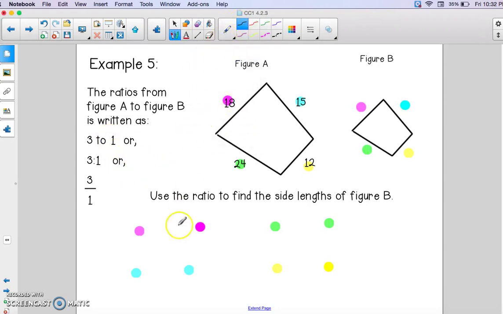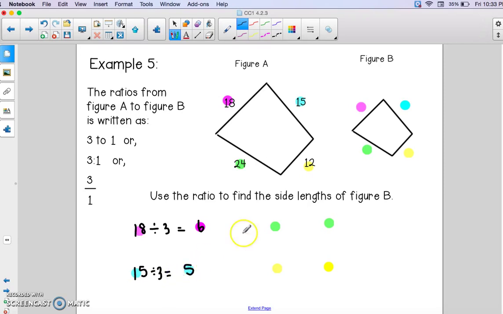So I have 18 and my ratio says 3 to 1, so I'm going to divide by 3 to get my answer. 18 divided by 3 is 6. Going on to the blue, we have 15. Again, dividing by 3.